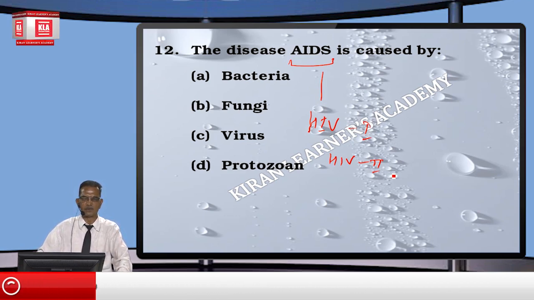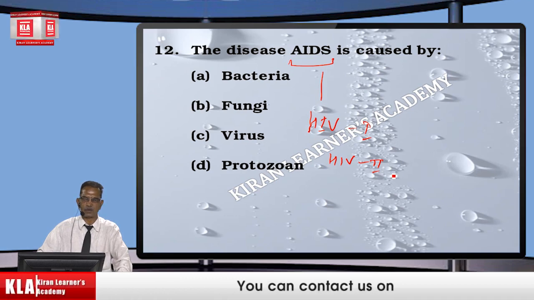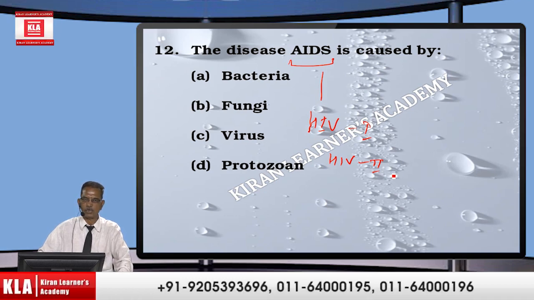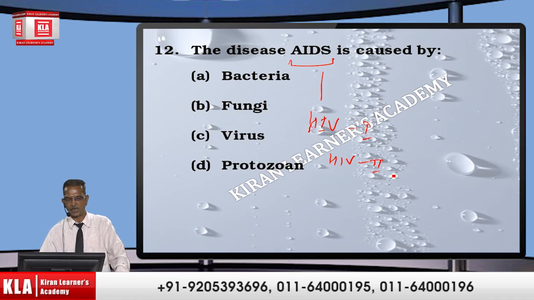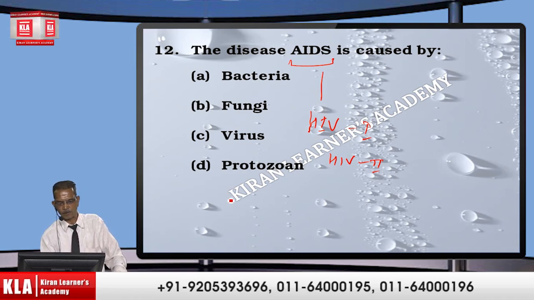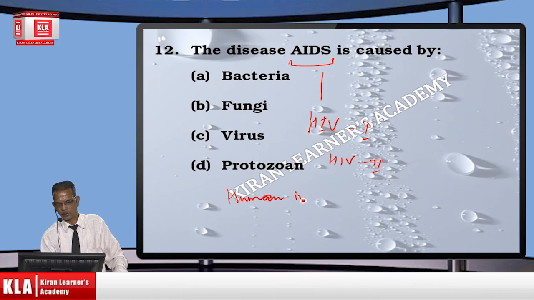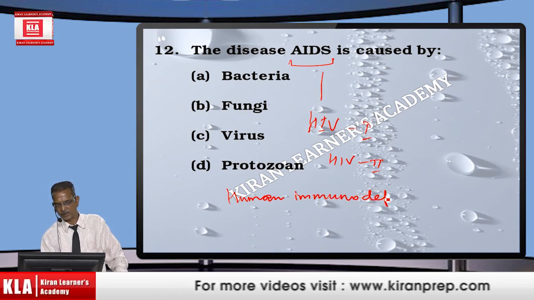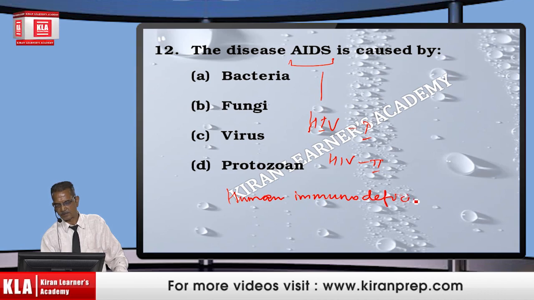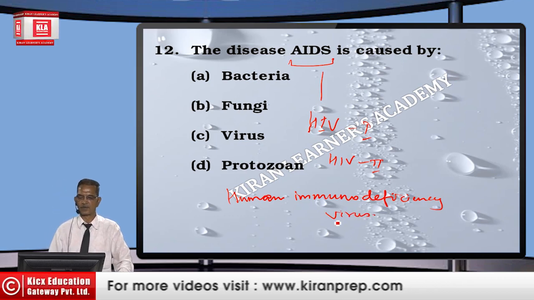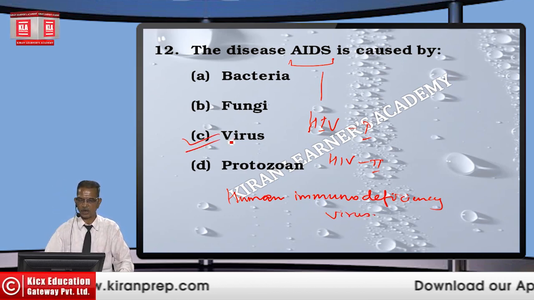But in both cases, whether it's HIV-1 or HIV-2, the disease is caused by the virus, because HIV stands for Human Immunodeficiency Virus. So option C is the correct option.